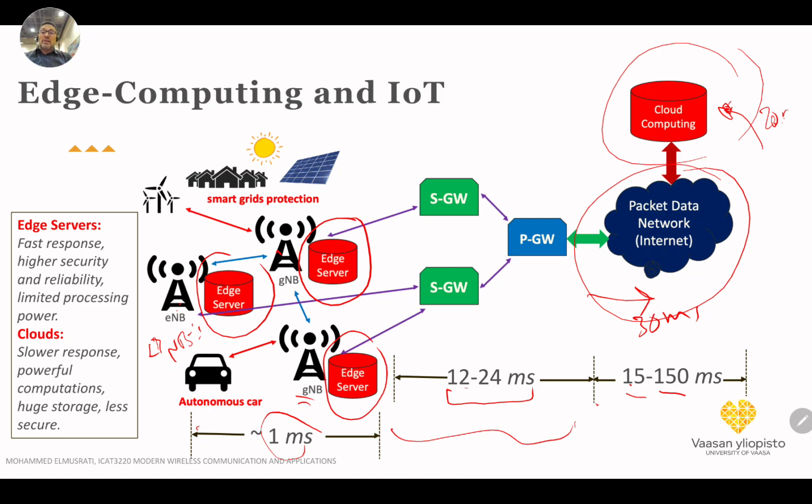Also, in some situations the data required to be processed in the edge server is very large and we have a lot of demand at that base station, while the edge server at another base station has much less demand for processing. Then we can have communication between one node B and another node B without going through the network, an intercommunication between two nodes in order to have distributed processing.